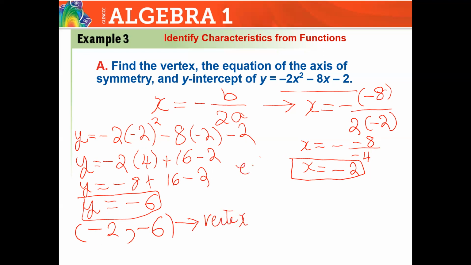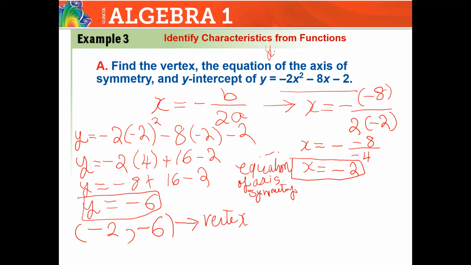So here we have the equation of the axis of symmetry, and that is the coordinates of the vertex. So what else do I need to find? I need to find the y-intercept. What is the y-intercept? The y-intercept is the c, which is -2.